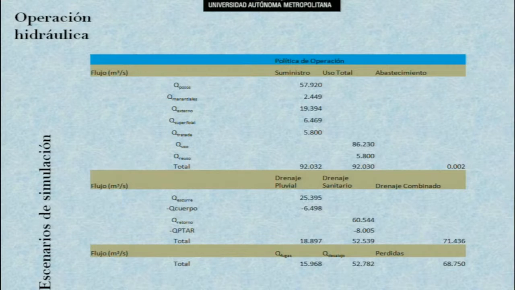And please check the important amount of loss, almost 16 cubic meters per second are from the Cuxamala system. We extract 19 from what we bring from the Cuxamala-Lerma system, which is equivalent to what we waste in leaks. And this is an important task for those that design the works of the Lerma system, to invest in the repair of leaks, because we are referring to an enormous equivalence as to losses.